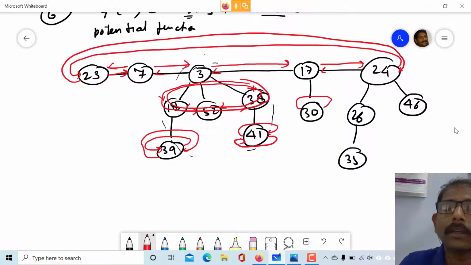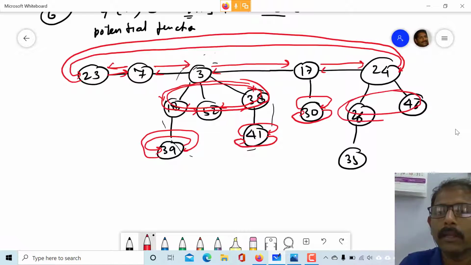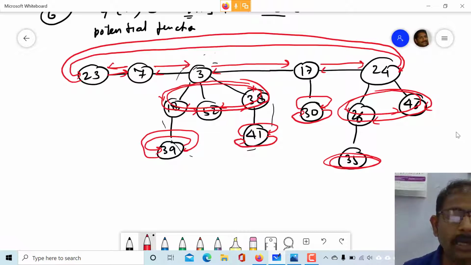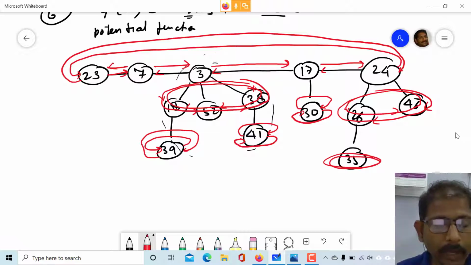Likewise, 30. Here 26 and 46 are siblings, therefore they will be connected by a bidirectional cycle. And 35 is alone. So this is the whole structure of the Fibonacci heap.